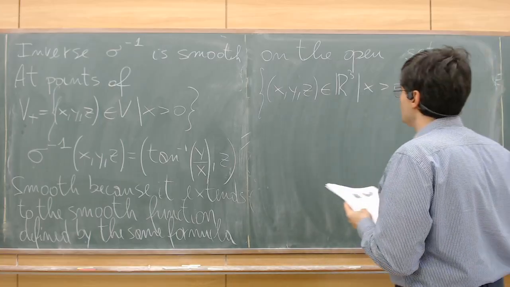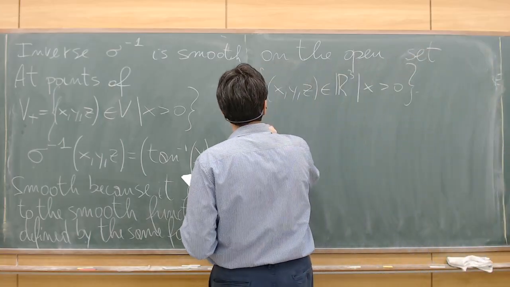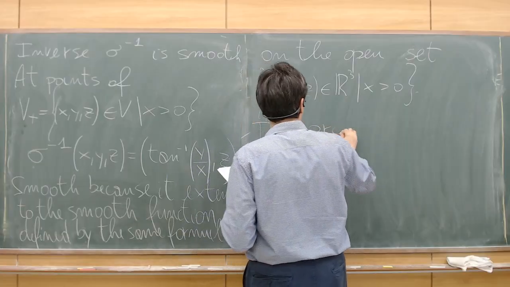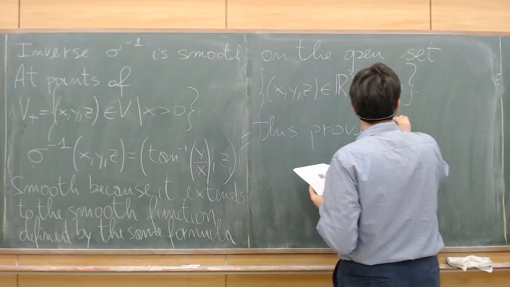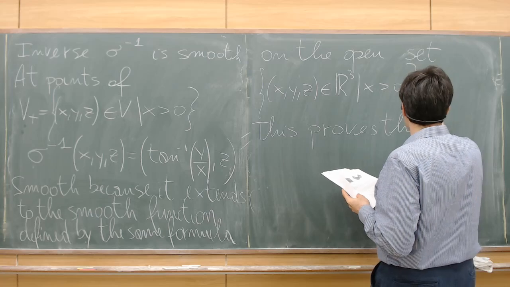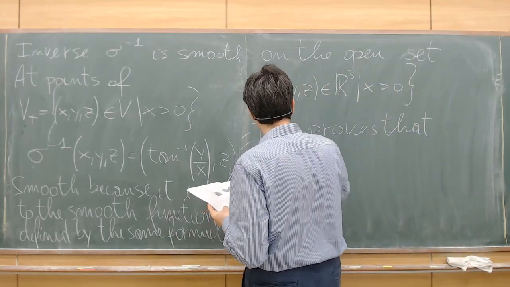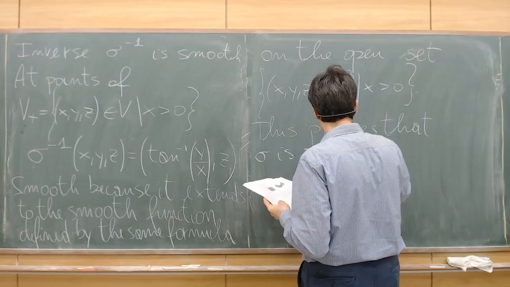So this proves that sigma is a diffeomorphism and sigma is a surface patch.